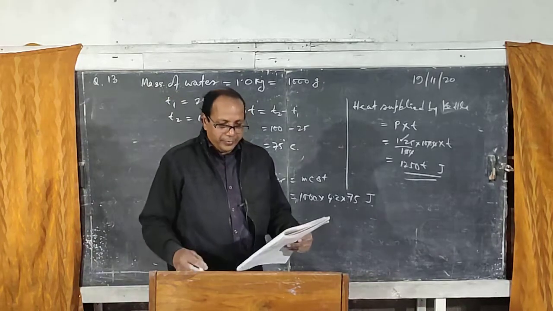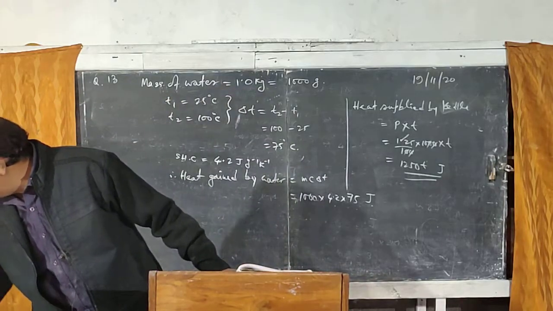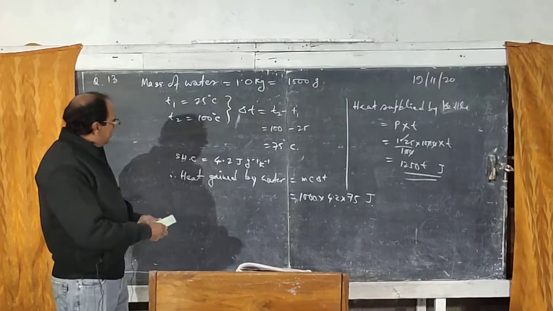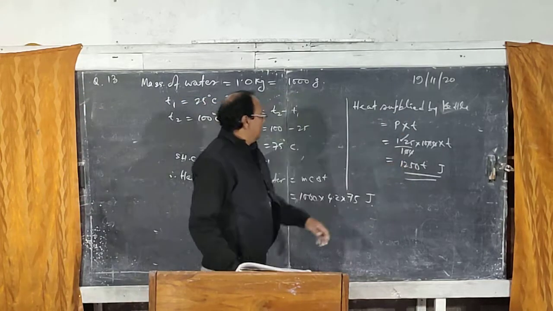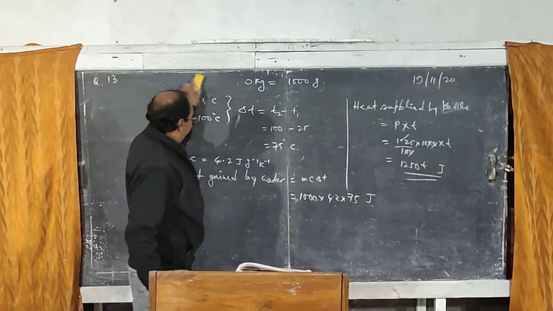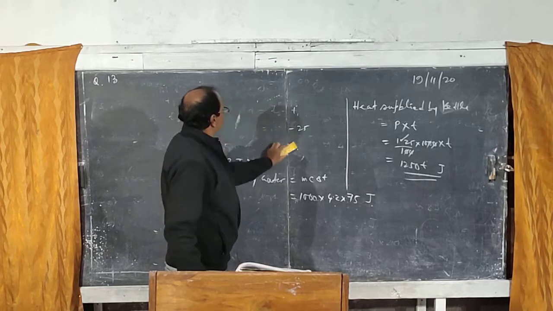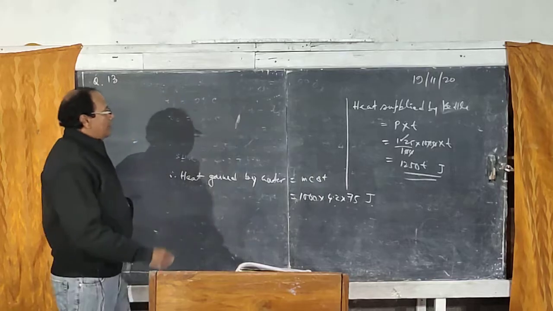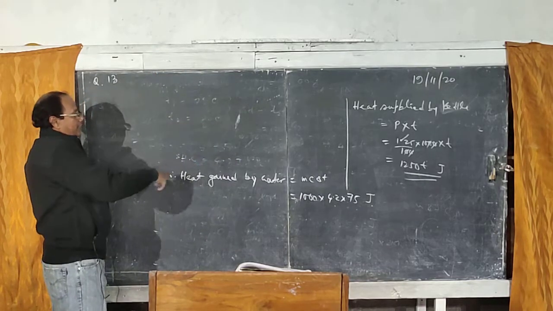Okay. Now we will go for principle of calorimetry to find out the time. According to principle of calorimetry, heat gained by water equals heat supplied by kettle, right? If you want to write it, otherwise no need to write.